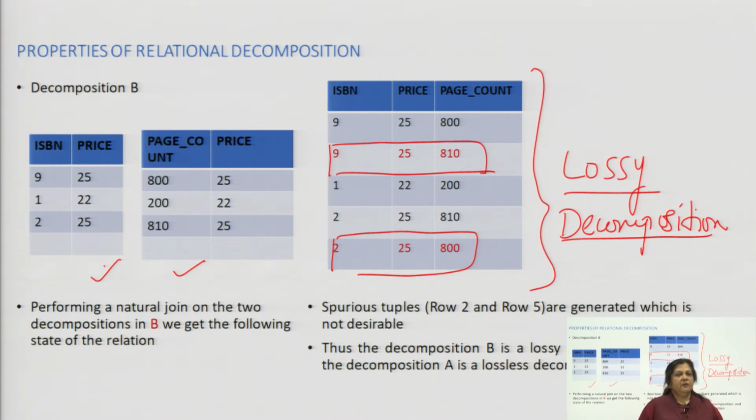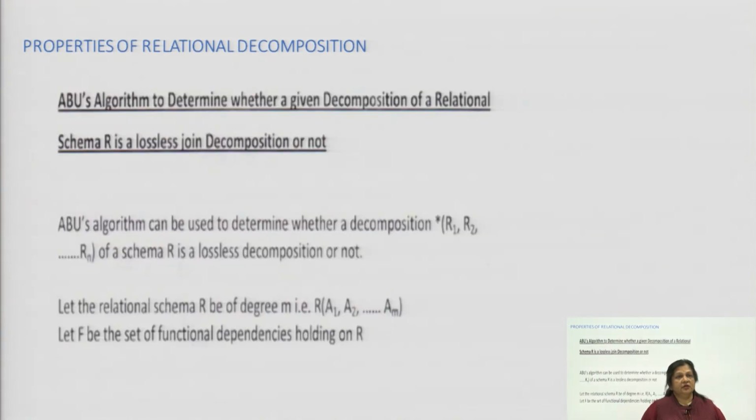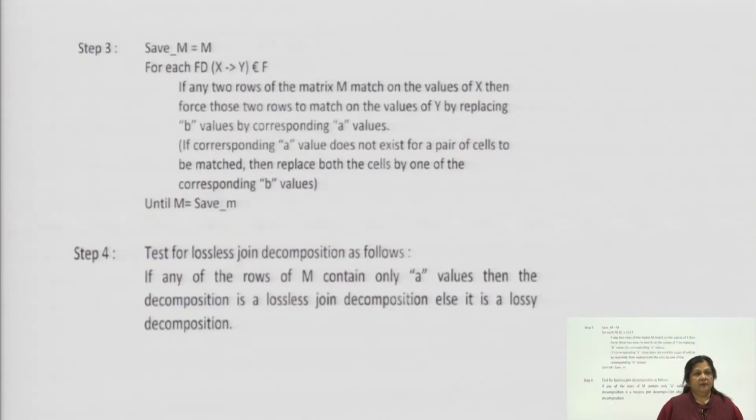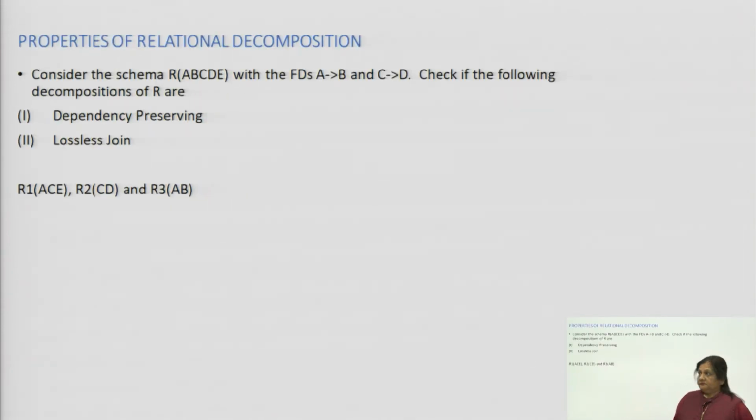So, it may not be possible for us to perform the natural join easily. So, to check whether a particular decomposition is a lossy decomposition or a lossless decomposition, we have this algorithm which is known as the Aho's algorithm, and I will explain this algorithm to you through an example.